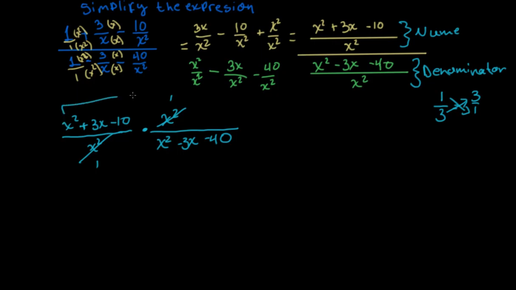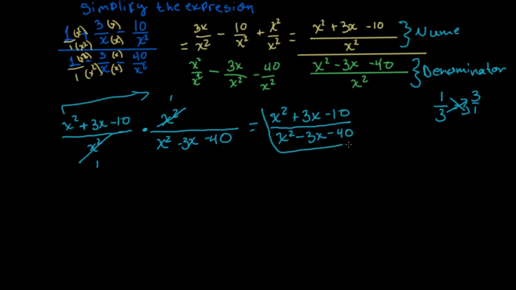So when you multiply 1 times x squared, it gives you x squared. When you multiply 3x times 1, you get 3x, and the same with the 40. So you're pretty much going to get the same thing. In the bottom you're going to get exactly the same thing, right?